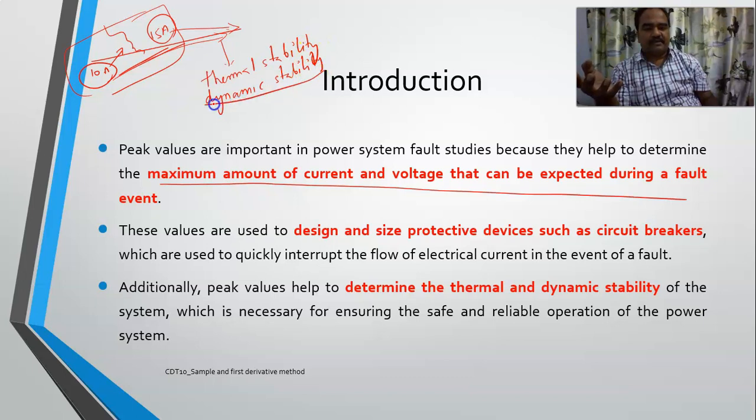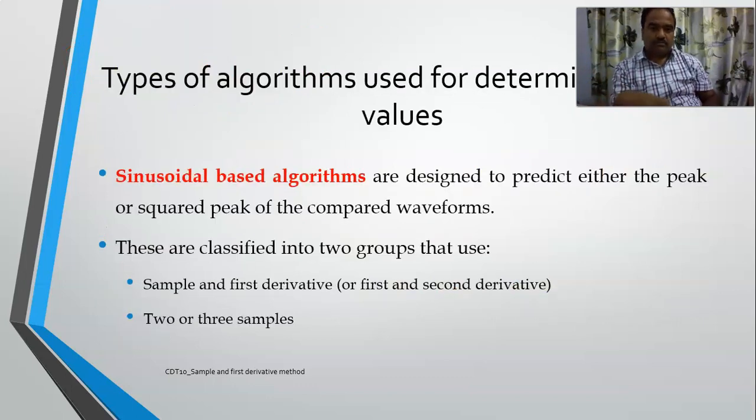So dynamic stability also will be understood with the help of the maximum values of currents and voltages. So it's always good to know the peak values of the signals running in the power system. Our job is to determine the peak values of whatever the signals may be.